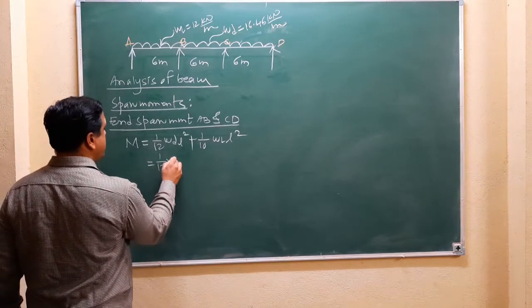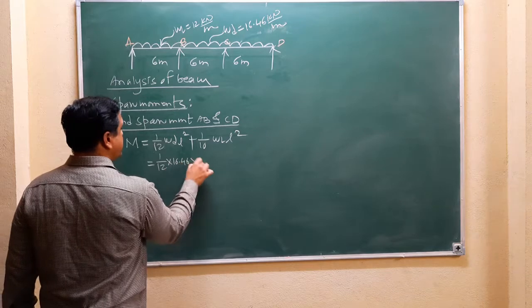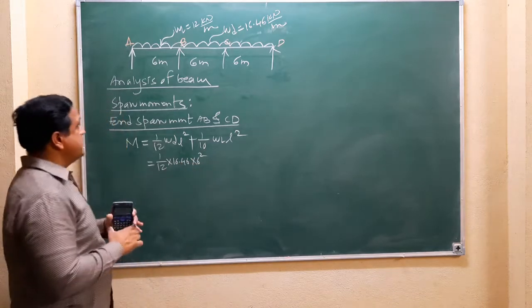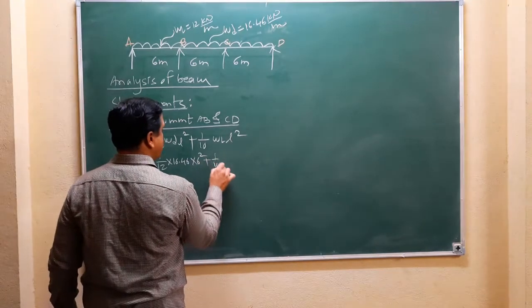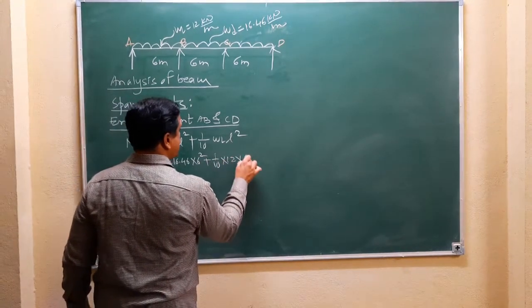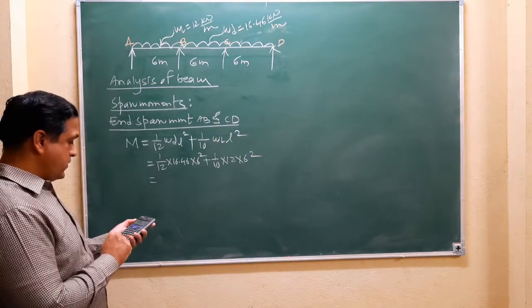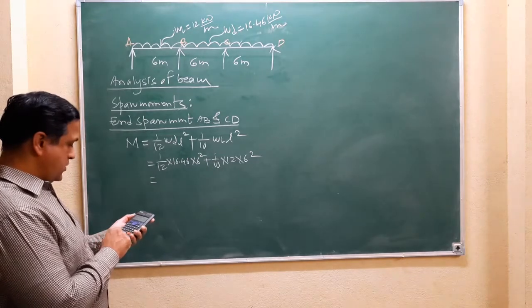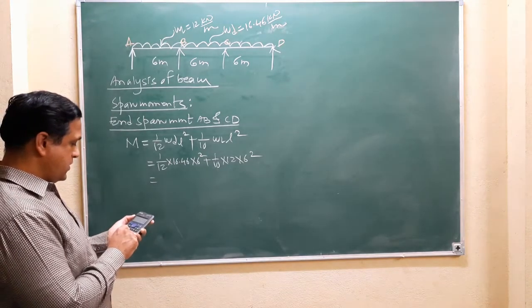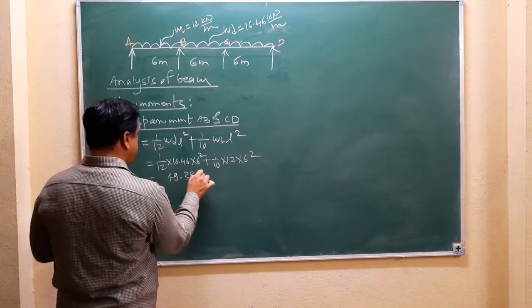So 1 by 12, dead load is 16.46, span is 6 meter, plus 1 by 10, live load is 12, span is 6 meter. Now find the value. 1 by 12 into 16.46 into 6 into 6 is 49.38.